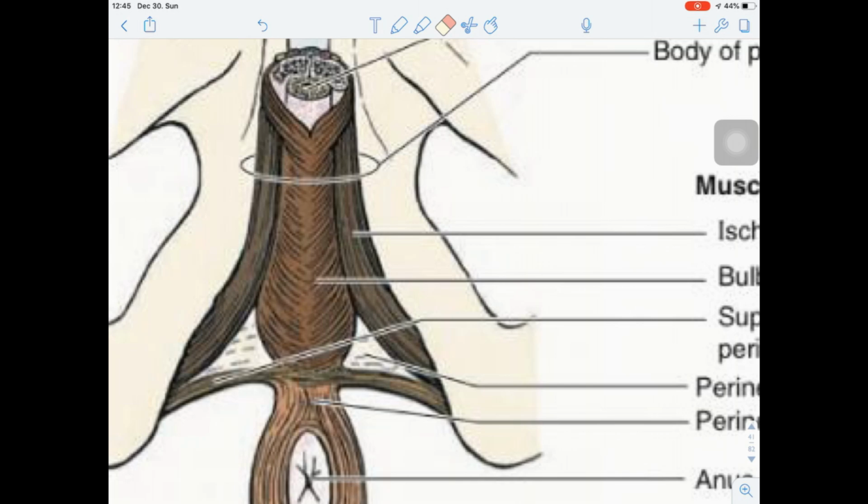The parasympathetic nerves supply the urethral muscles, so the muscles in the spongy urethra contract to shut the sperm out of the way. That's parasympathetic.